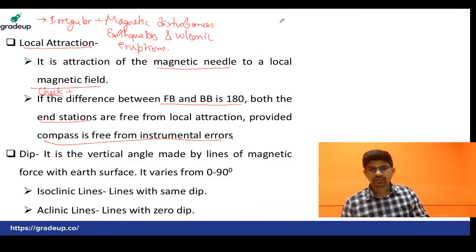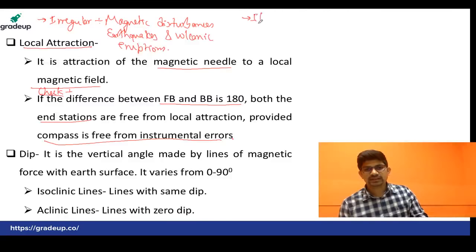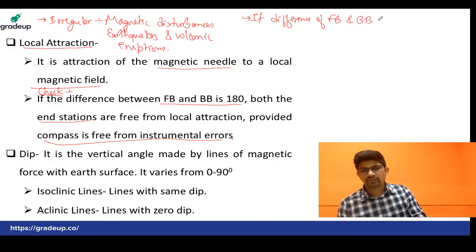Okay, now the case arises if the difference of fore bearing and back bearing is not equal to 180 degrees, then what?